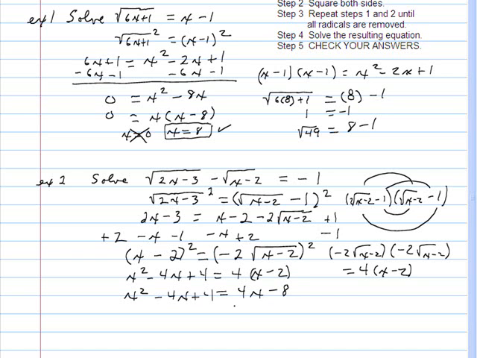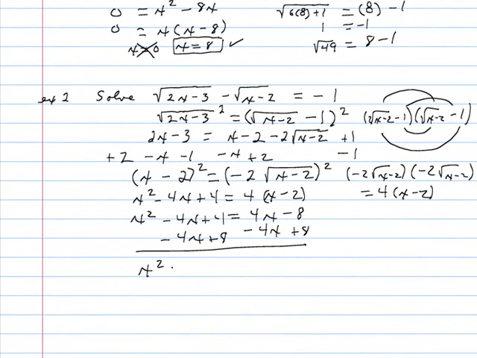I'm going to do that by the zero product theorem, so I'll subtract 4x and add 8, and I get on the left x squared minus 8x plus 12, and on the right I get a 0, so there's the 0 of my zero product theorem.